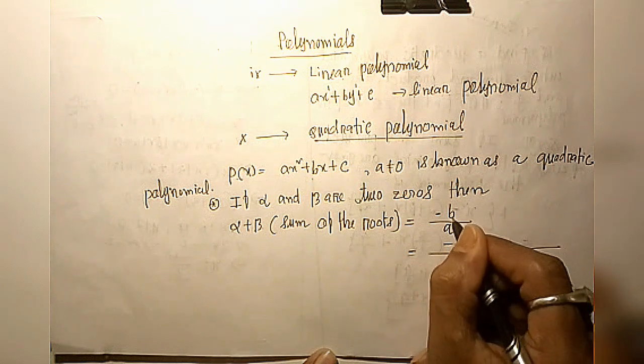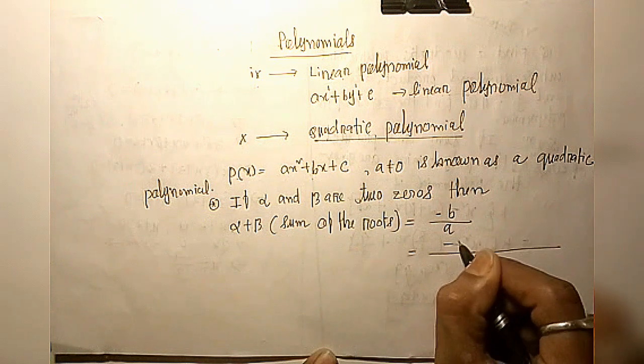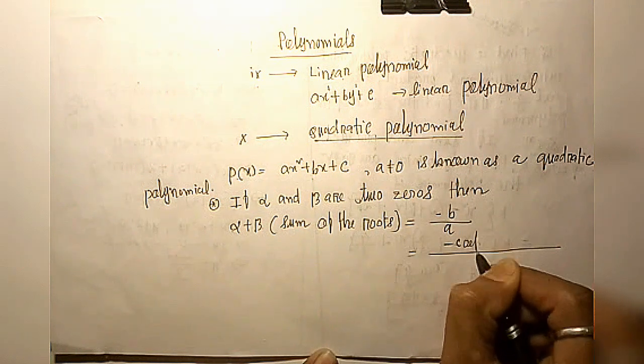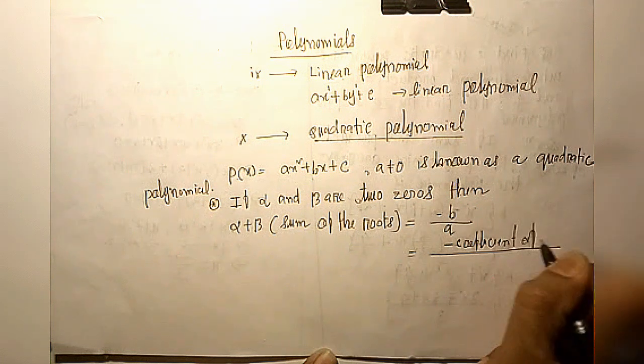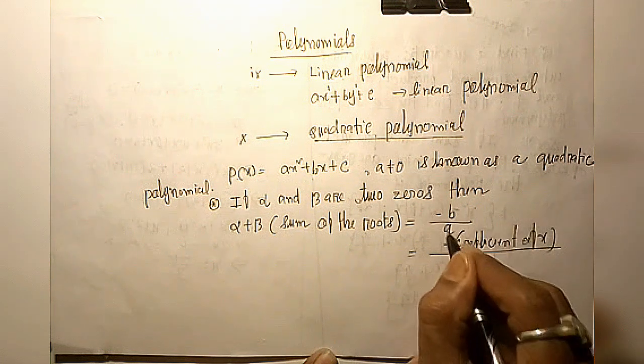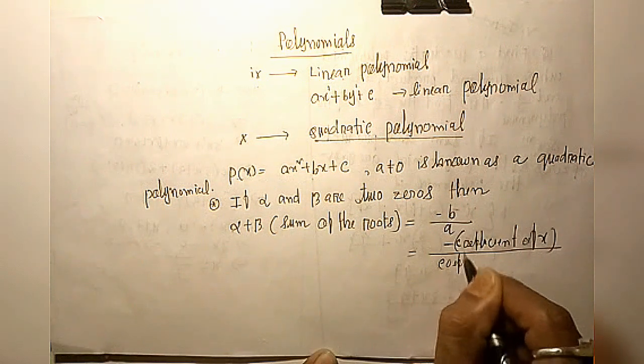So b means the coefficient of x, and a means the coefficient of x square.